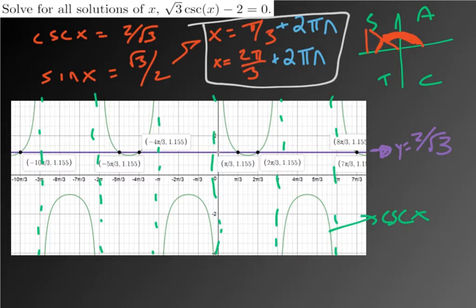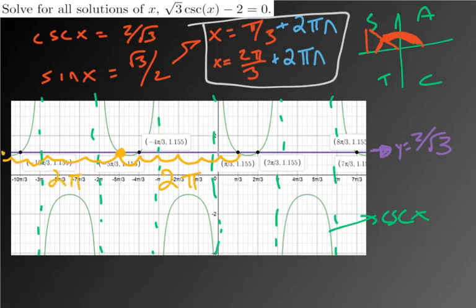So this is 1 pi over 3, 2 pi over 3, 3 pi over 3. So that right there is 2 pi, and we found another solution. And you could just keep doing this, and there's going to be another one over there.